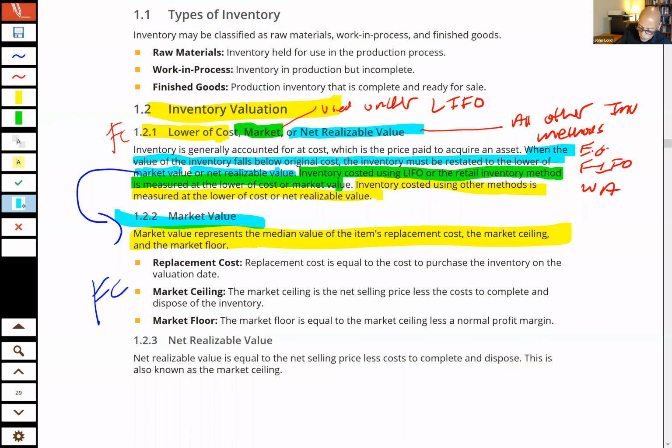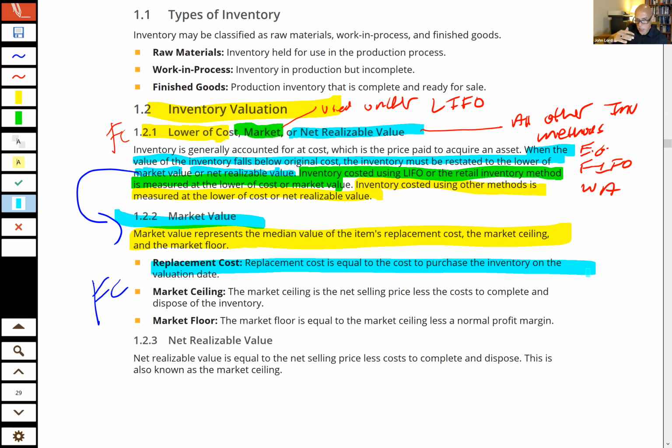Now, the problem we'll give you, they would give you replacement cost if you were having to do this in a numeric problem. They'd say, here's a replacement cost, and that is your market. And you have to evaluate that against a market ceiling and a market floor. If the replacement cost is more than the ceiling, then use the ceiling.